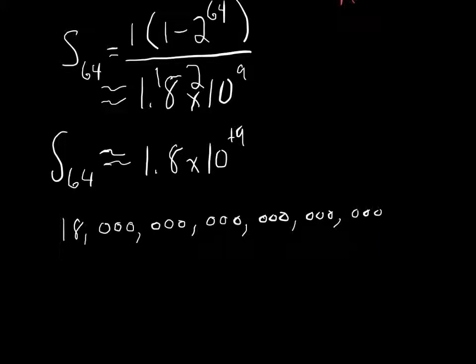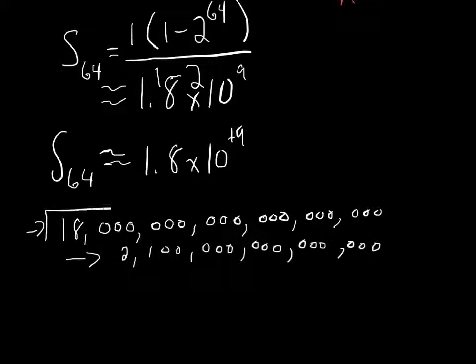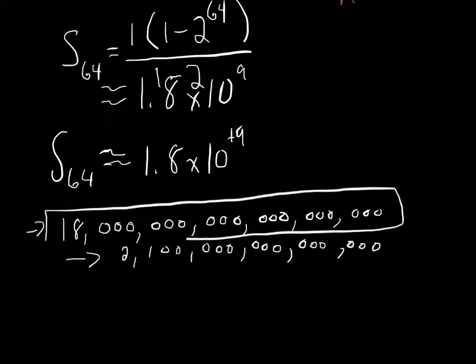So that would be 14 zeros. There's 6, 9, 12, 14, and then there's that number. So the bottom number is the total amount of kernels of wheat that the U.S. produced in 1 year. This is the number of kernels that the one soldier requested.